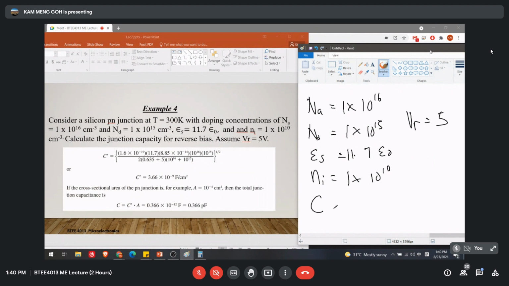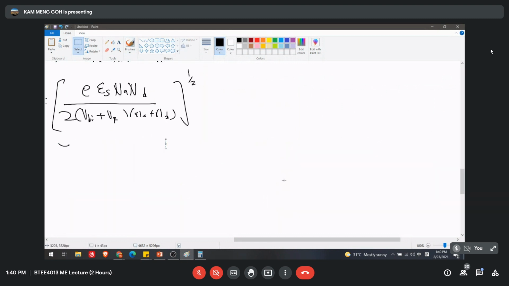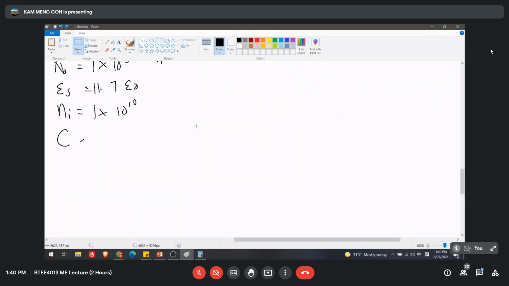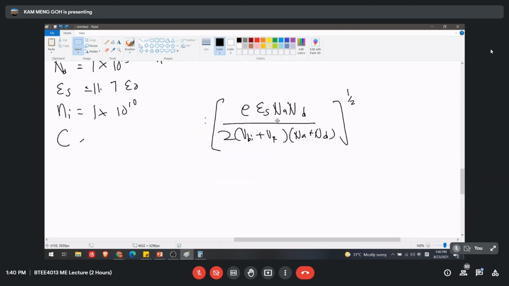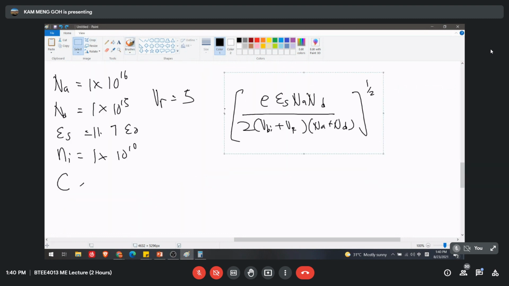According to the formula just now, this formula, yeah, here. So we just need to replace all the value one by one inside to calculate the answer that we want.